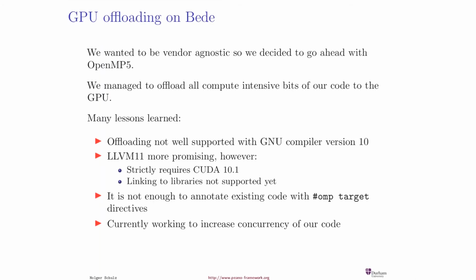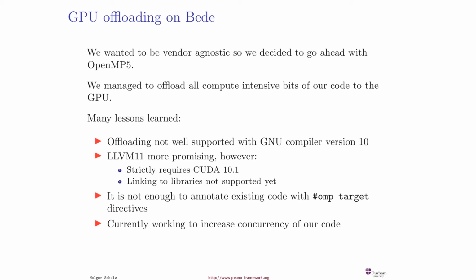So the final point I want to make is how we do GPU offloading on Bede. So we made a decision, and whether this is a good one or not is not clear, is that we wanted to be vendor agnostic when we were writing the offload code. So we decided not to use CUDA or not to use HIP.